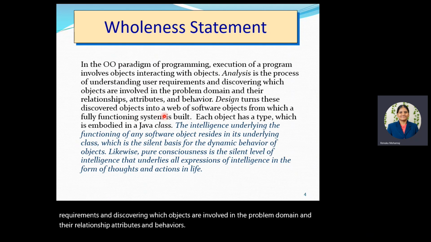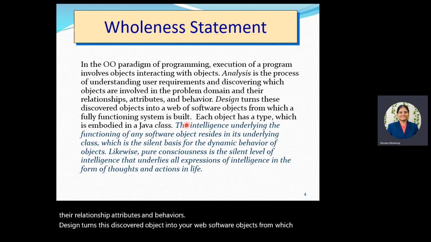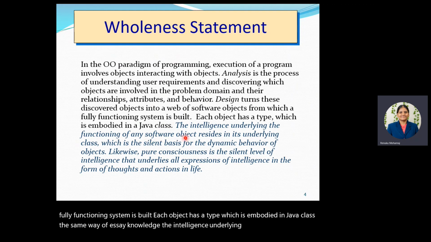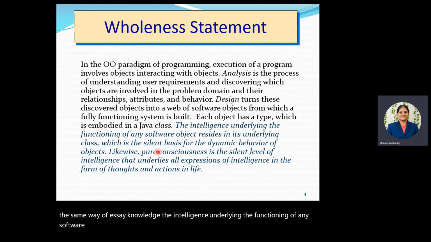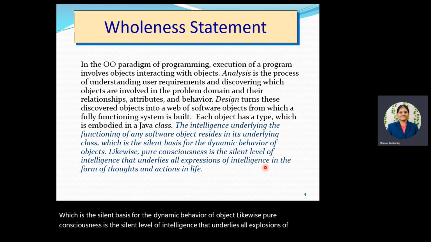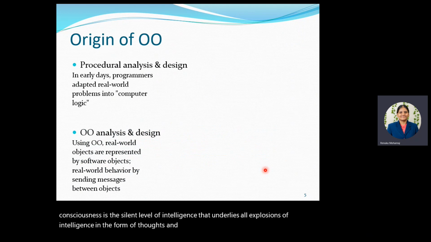Design turns these discovered objects into a web of software objects from which a fully functioning system is built. Each object has a type which is embodied in a Java class. In the same way as in the Science of Creative Intelligence, the intelligence underlying the functioning of any software object resides in its underlying class, which is the silent basis for the dynamic behavior of the object. Likewise, pure consciousness is the silent level of intelligence that underlies all expressions of intelligence in the form of thoughts and actions in life.